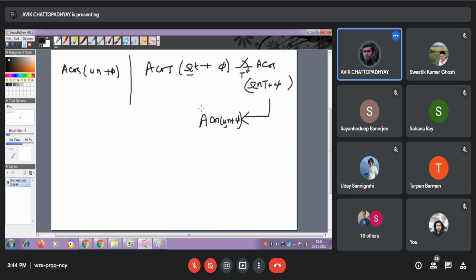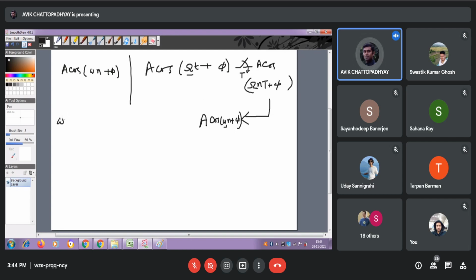How are these two related? If you follow the intermediate step in this procedure, we can write this small omega is nothing but this capital omega into T, if you just relate these two expressions.